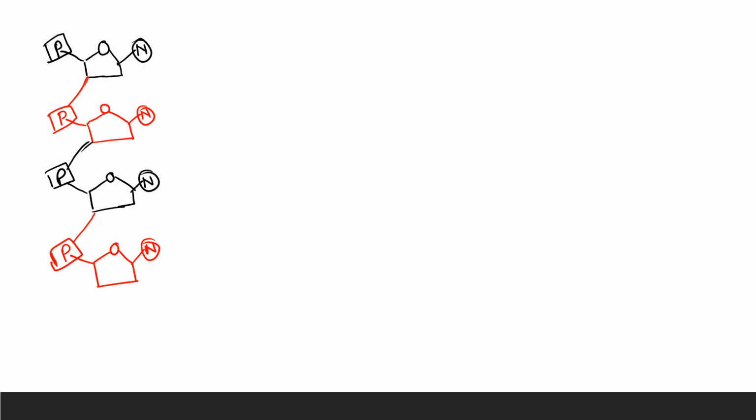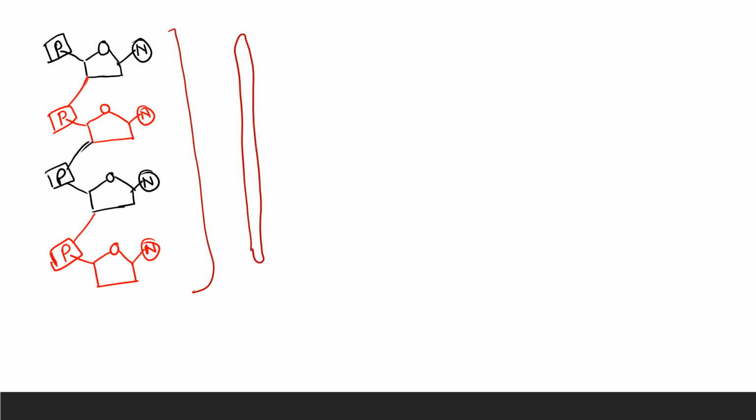Now the second thing which you need to know is that the DNA chain is not a single chain, right? We cannot say that DNA is a chain like this single chain. No. If we consider DNA as a single chain, then it is not correct.